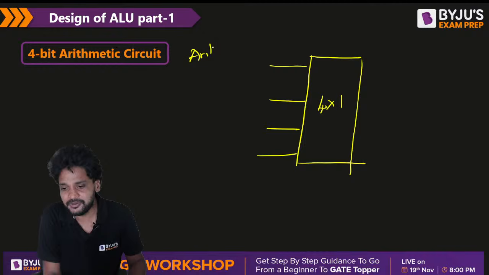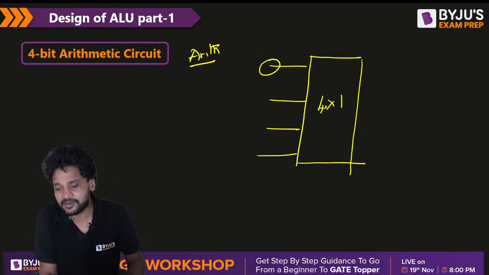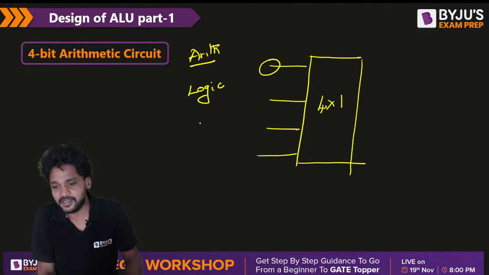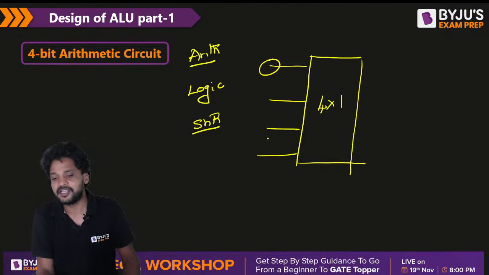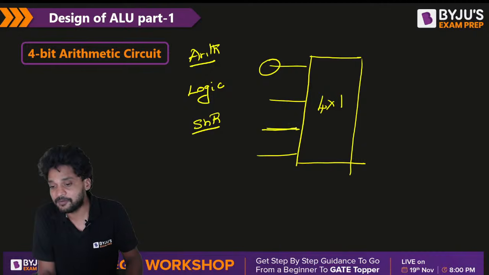The arithmetic unit output is connected to the first input of the multiplexer. The logic unit output is connected to the second input of the multiplexer. And shift right, I will use the shift register that will be connected to the third input of the multiplexer. Got me? Shift left will be connected to the fourth input of the multiplexer.